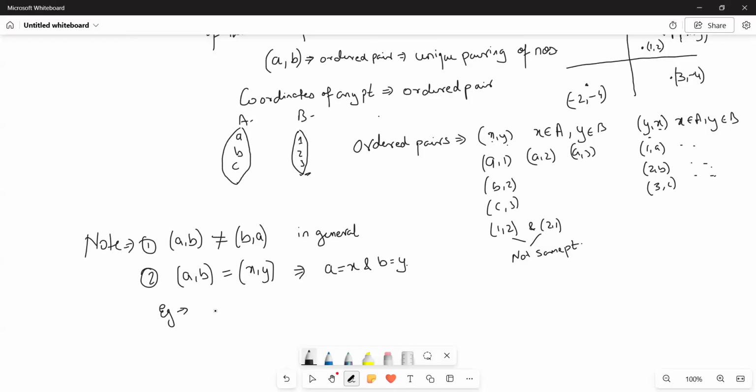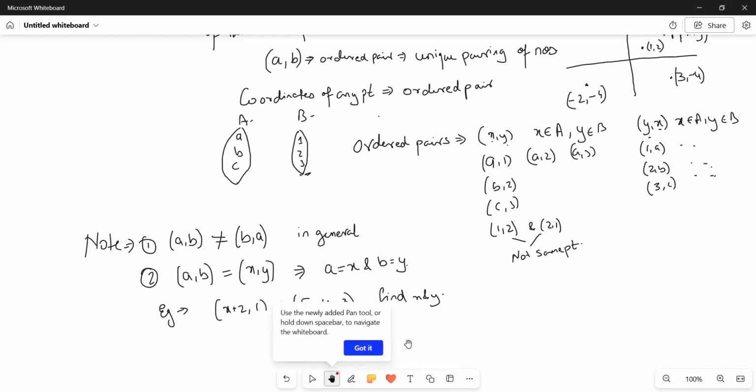For example, suppose we have a question like this: (x + 2, 1) is equal to (5, y - 3). Find x and y. It's a very basic, simple question.